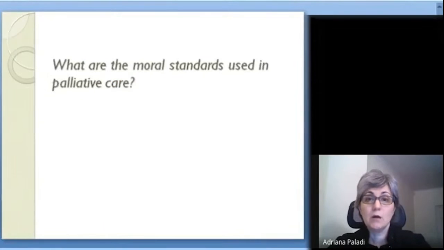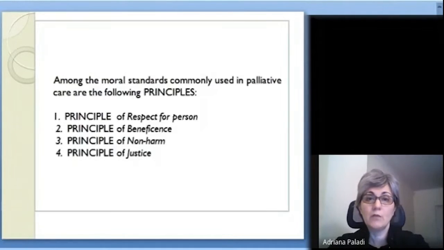What are the moral standards used in palliative care? Even if professional literature discusses a lot of standards, among the moral standards commonly used in palliative care are four principles.